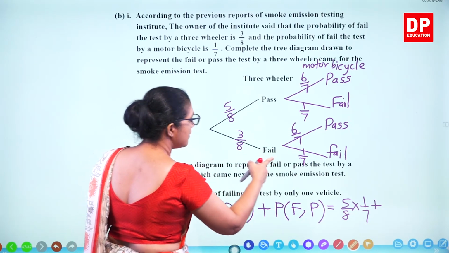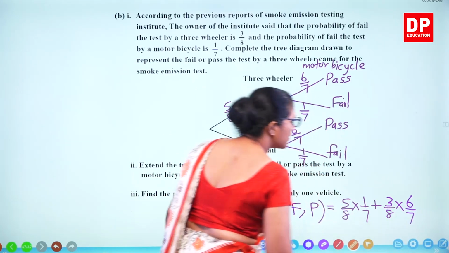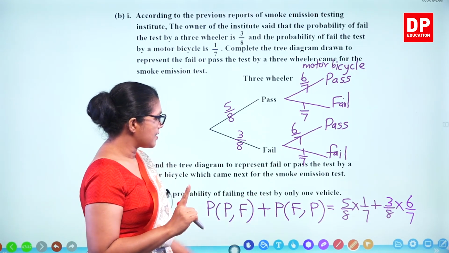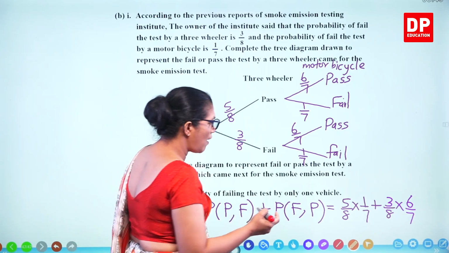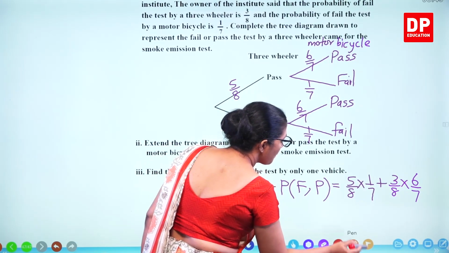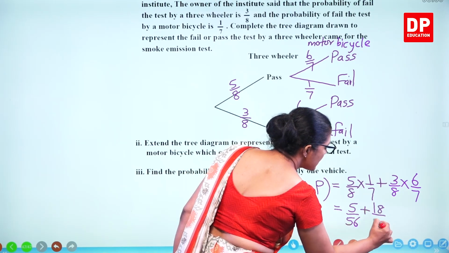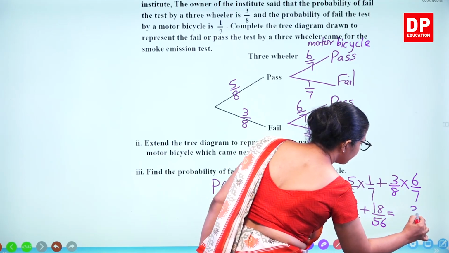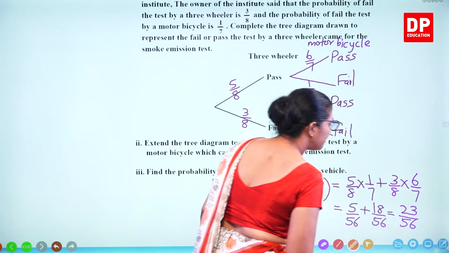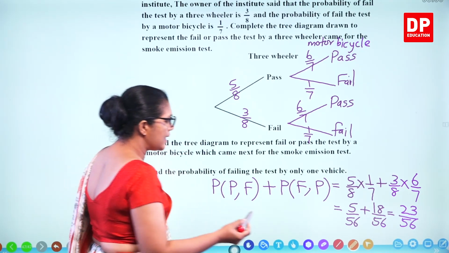This one, fail, that's 3/8, and then pass, 6/7. So only one vehicle is failing the test. That means this one. So simplify. 5/56, 18/56. So what's the total? 23/56. So that's the probability of failing the test by only one vehicle.